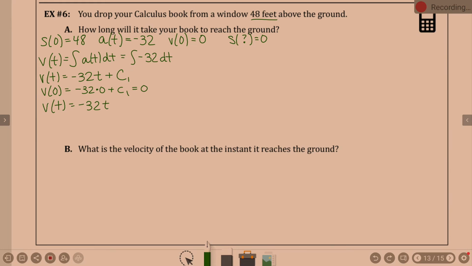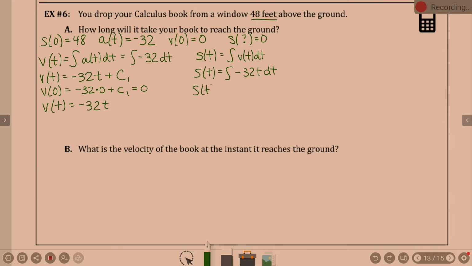Now, what do we find after the velocity function? Position. And position is the integral of velocity. So that means position is going to be the integral of negative 32t dt.